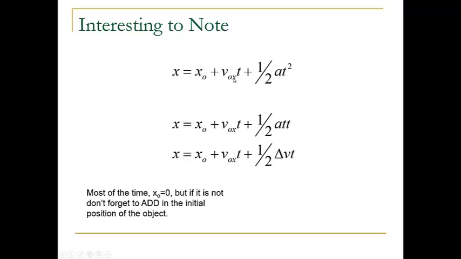Then you have that v naught t. That was the base times height that you just did on the previous example on that graph: base times height, velocity times time. The second part, if you break this down, is acceleration times time times time, so t squared. Acceleration times time becomes change in velocity.